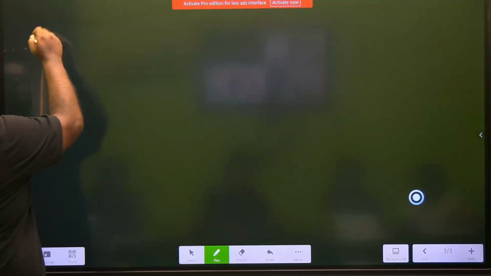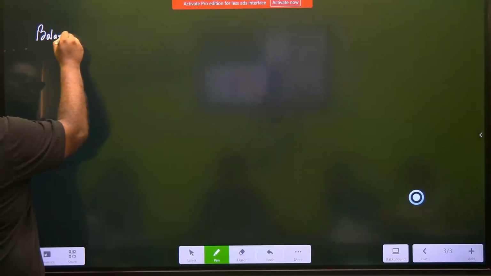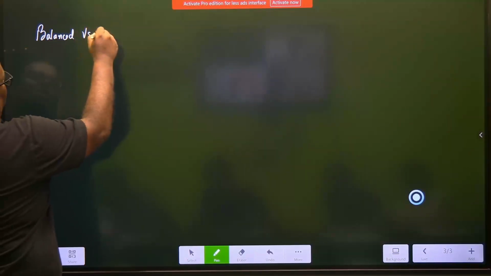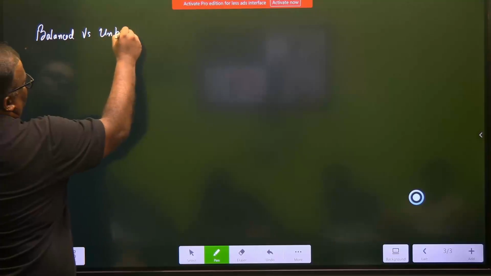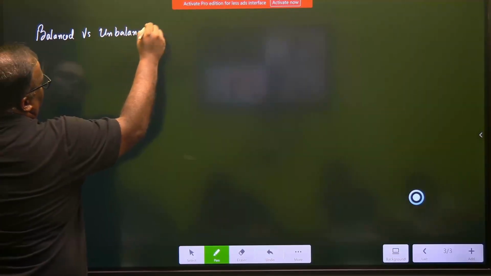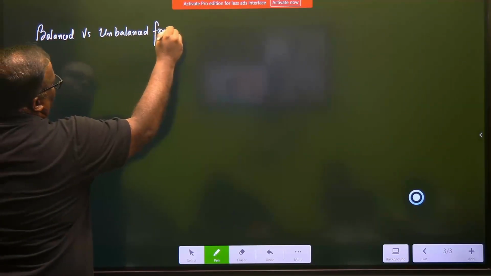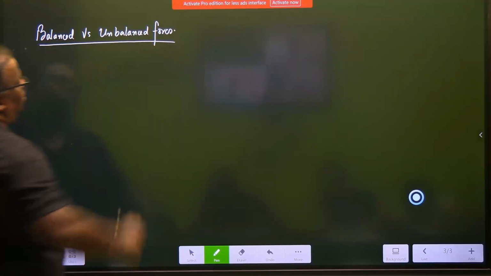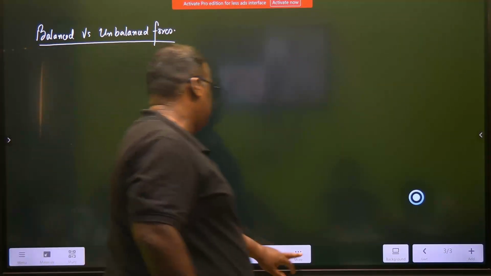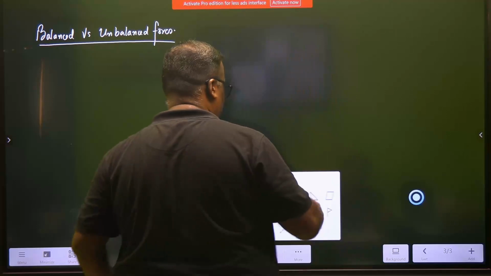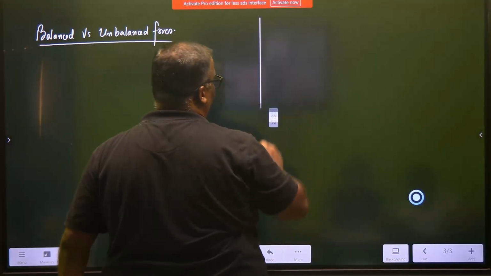Next. Right. Now we come to our concept of balanced versus unbalanced forces. Before we go into balanced versus unbalanced force, there is one more topic which I wanted to cover.